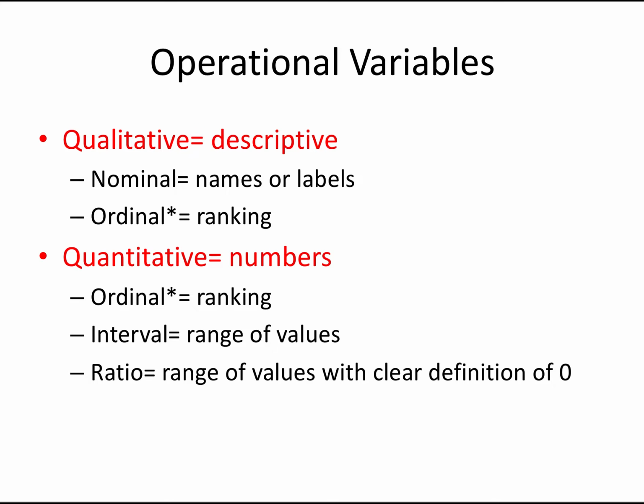So we could have binary variables like yes or no, right or left, or ternary variables which have three different options. And examples of nominal variables used in dental literature could be genotype, blood type, hair color, eye color, etc.